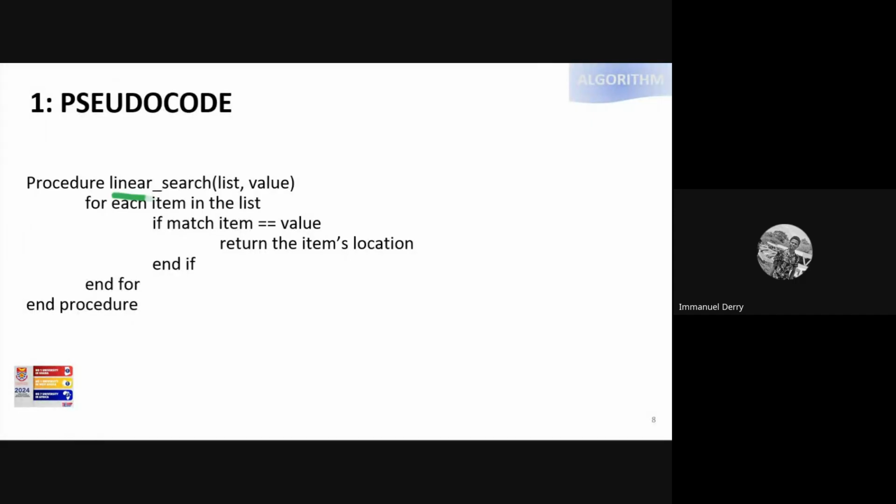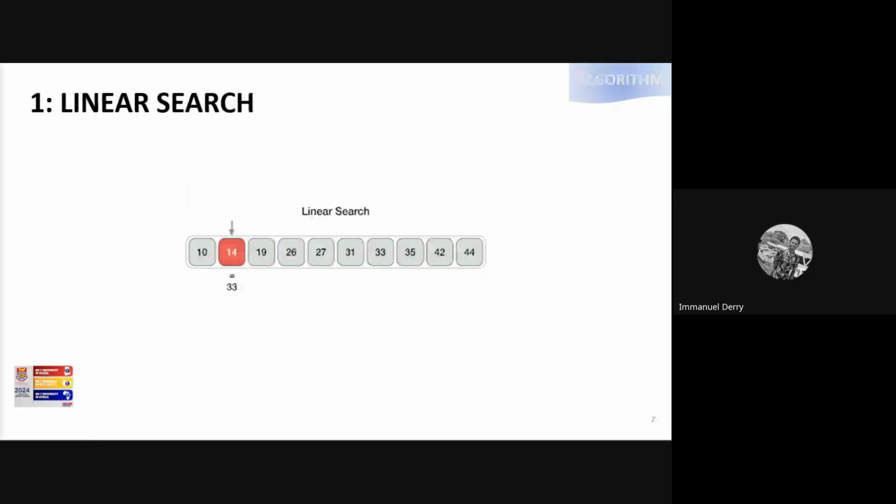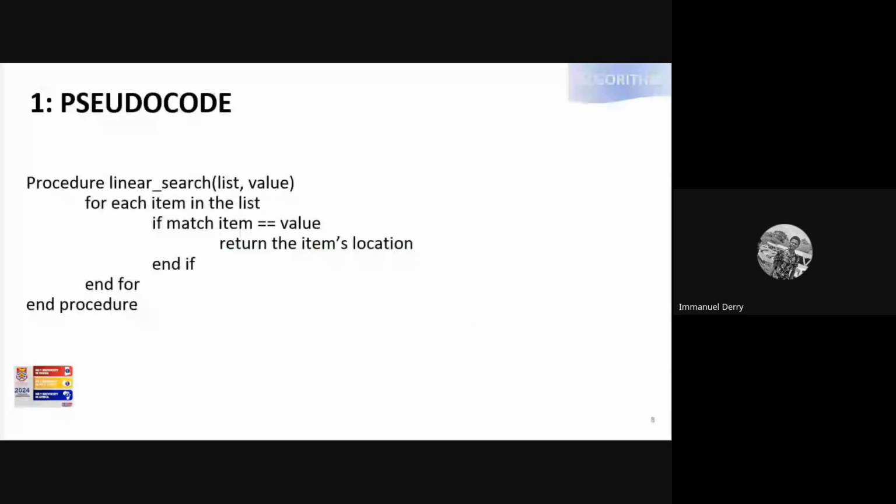And the pseudocode has a name which is called the linear search, which is a function that we are defining. And also this linear search, you have a list which we had earlier from 10 up to 44, right? And then also it should contain a value. That is the value that we are searching for from the list.